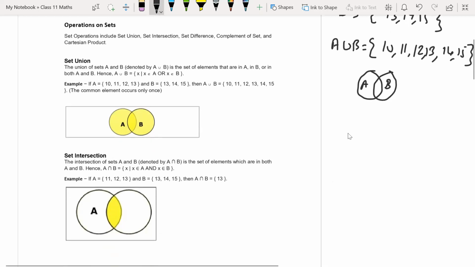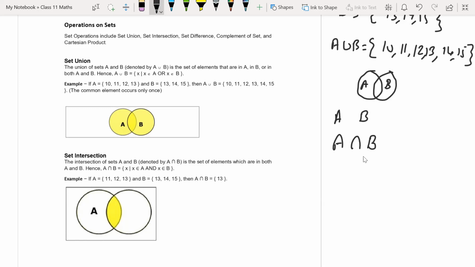Now, the second operation is set intersection. If there are two sets, A and B, then the symbol of intersection is A ∩ B. The intersection of sets A and B is the set of elements which are in both A and B. It means set union is an OR operation, but set intersection is an AND operation.